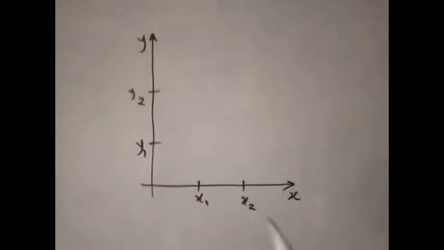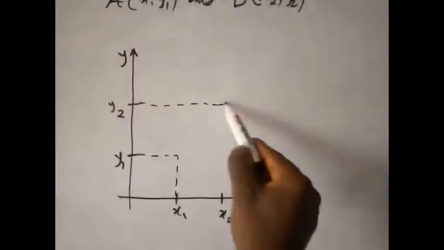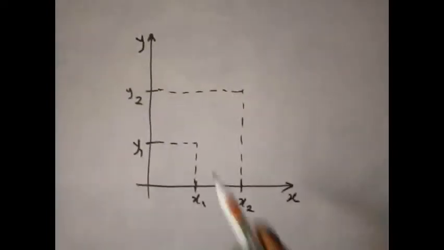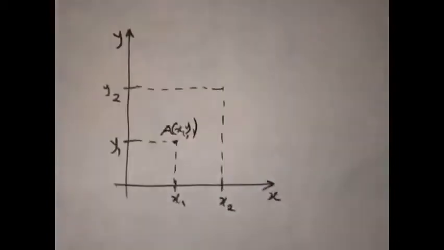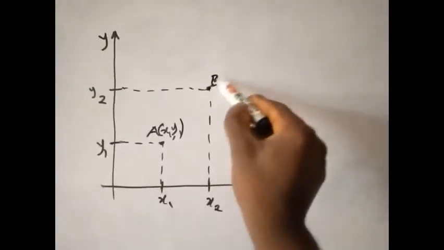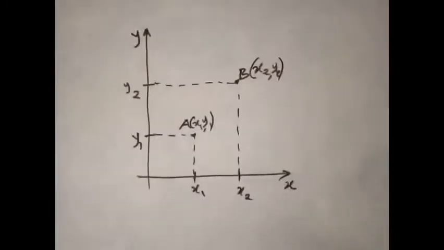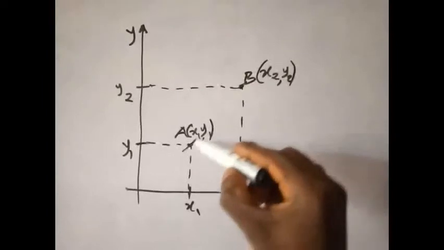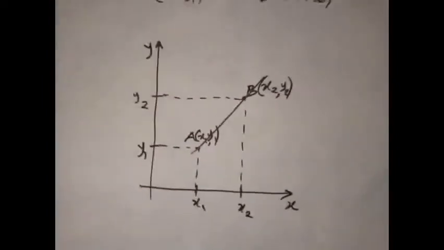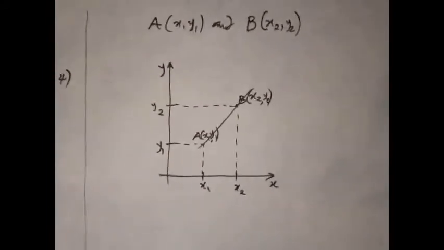So if you are locating these points, we have y1 against x1. We also have y2 against x2. This is point A, which is x1, y1. Then this is point B, which is x2, y2. So we are plotting this against each other. To locate these points is for us to just join points A and B. So this is how to locate points on a line segment. It's just to plot the coordinates against each other.